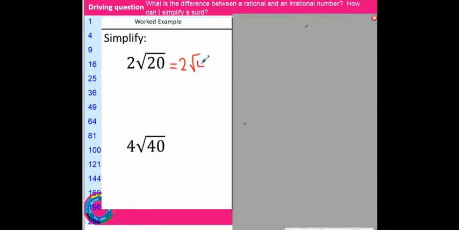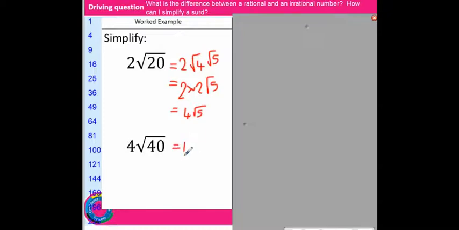Root 4, root 5. The square root of 4 is 2. So we have 2 multiplied by 2 root 5, which is 4 root 5.